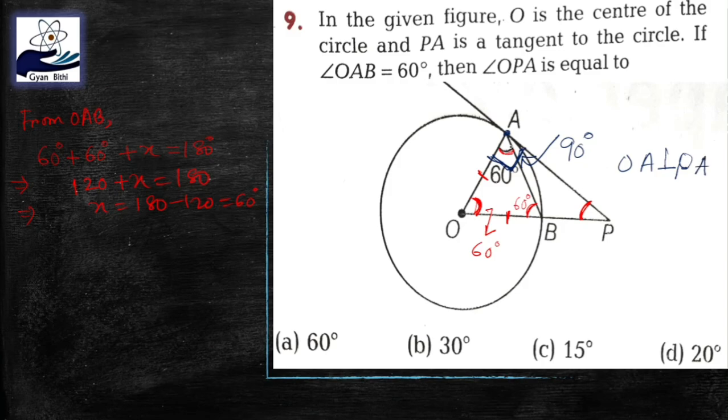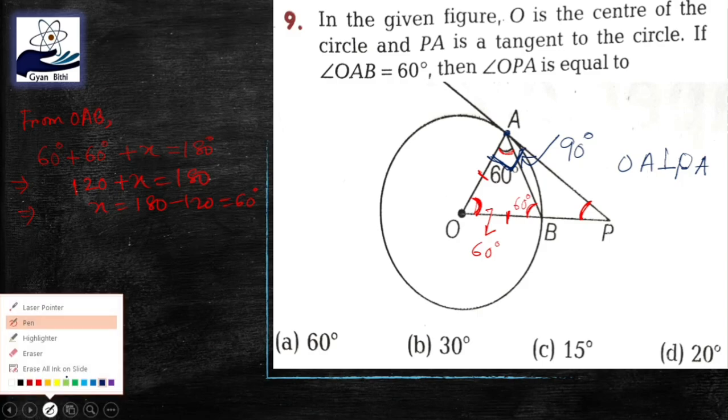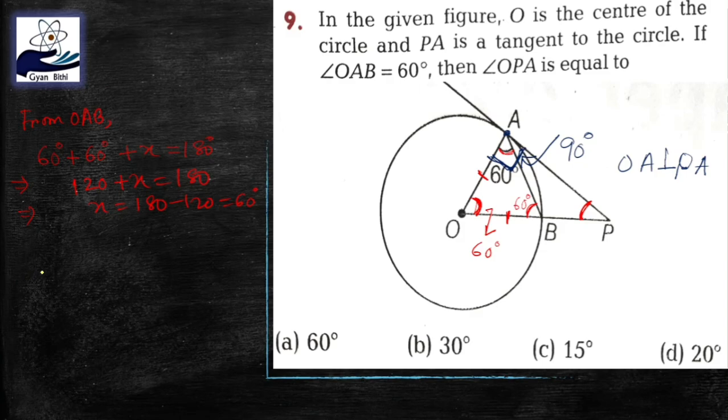Now from triangle OAP, we can write 60 degrees plus 90 degrees plus angle APO is equal to 180, correct?